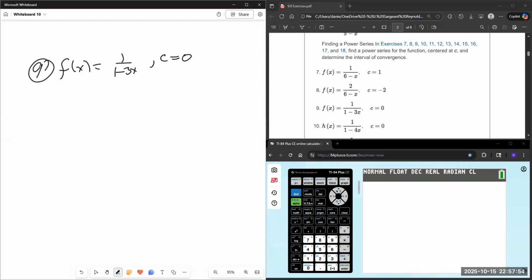So I have the summation n equals 0 to infinity of 1 times 3x to the n.